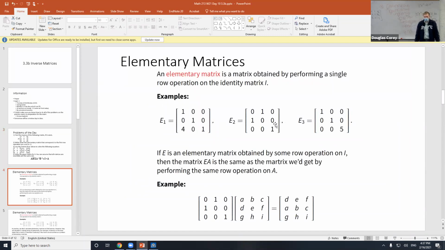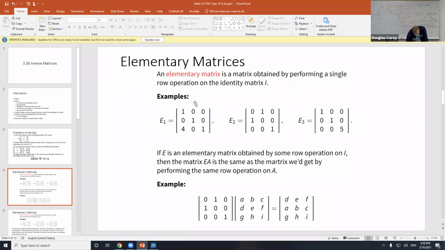Okay. So elementary matrices. This is from the slides that you saw on the video. As I mentioned before, an elementary matrix is one that does the same thing as a row operation. In practice, we don't calculate these, although, as I mentioned in the reading notes, it's good to see if you can construct those because it helps you make sure you understand matrix multiplication really well.